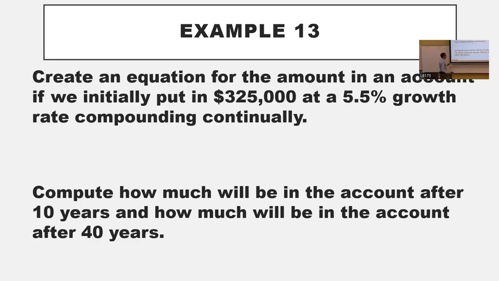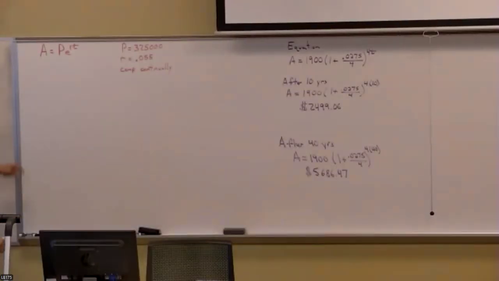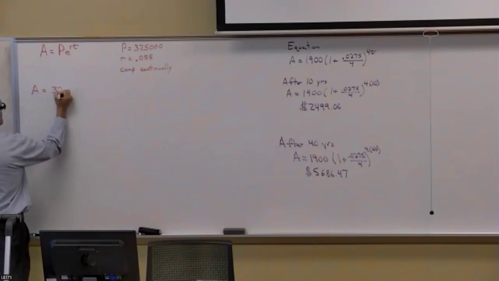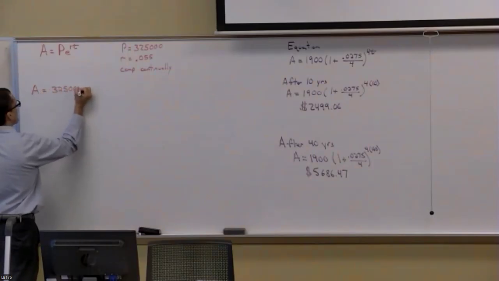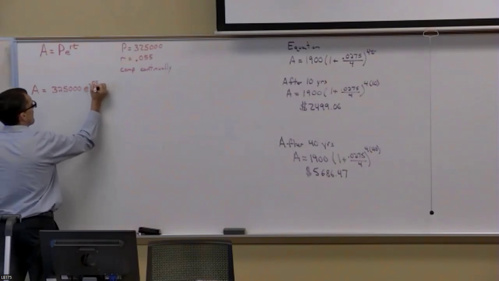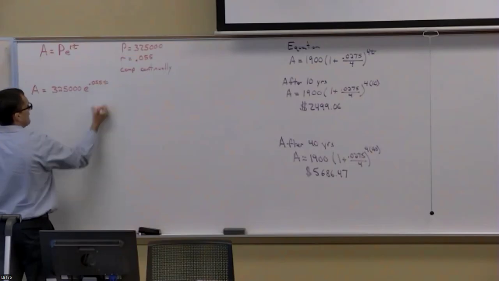And we're compounding continually, so we're going to use this instead of the other. So the equation is going to be 325,000 times e to the 0.055 times t.